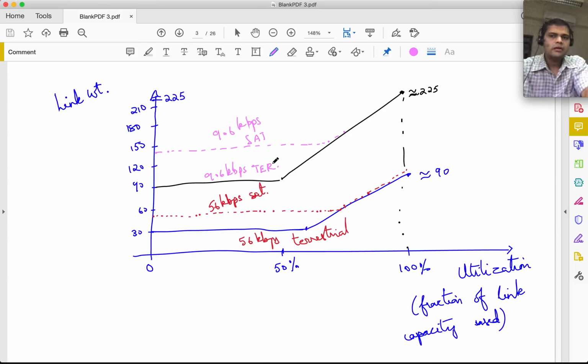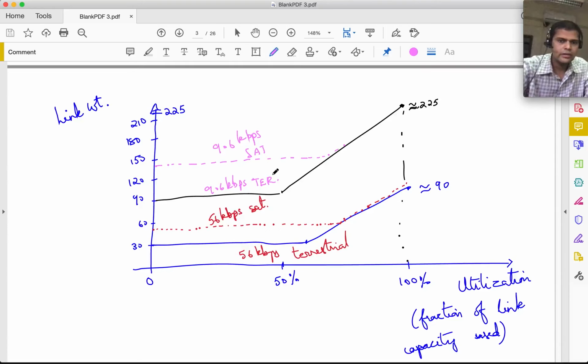So they said let's not actually measure queuing delay and based on that set the weights. Let's look at the utilization over some large period of time, and we just look up this particular graph, and based on it we will set the weights of the links. That took care of lots of problems. The range of weights was at most 7.